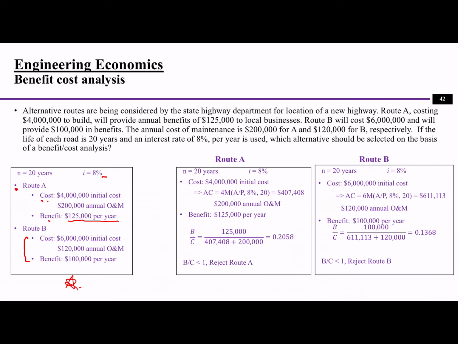Now, if we want to do the comparisons, because most of the cash flows during the 20 years are actually annual costs, in this case we can convert the present value and all the initial costs to the annual cost, right?